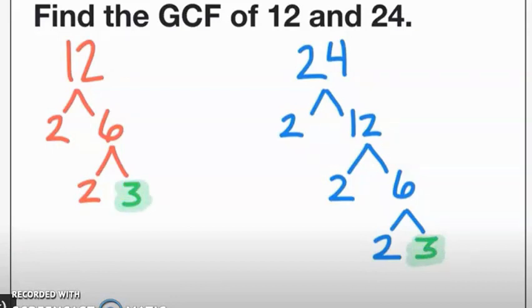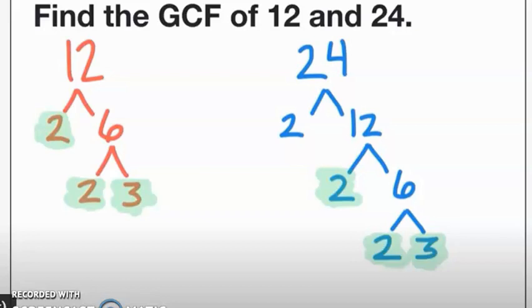We also have 2 at the bottom and 2 at the bottom here. Now moving up, we also have 2 over here and 2 over here. We stop there. There are no other prime factors that they have in common. Yes, they both have 6 as a factor, but we want a prime factor.